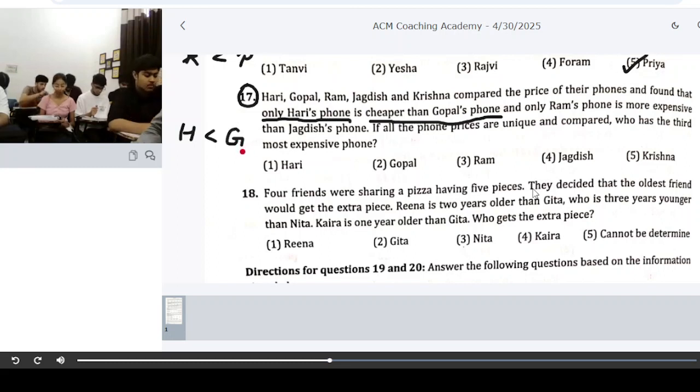For the rest of the phones, Gopal's phone is going to be cheaper than all others. So there's nothing less than Hari. And when they say Ram's phone is more expensive than Jagdish, only Ram's phone, that means Ram's phone is more expensive than Jagdish. Rest all are lesser than Jagdish.